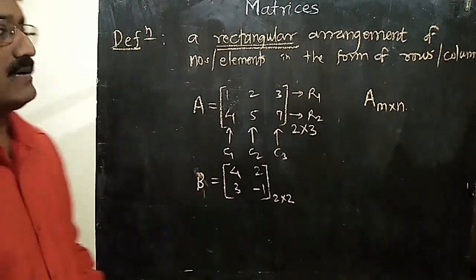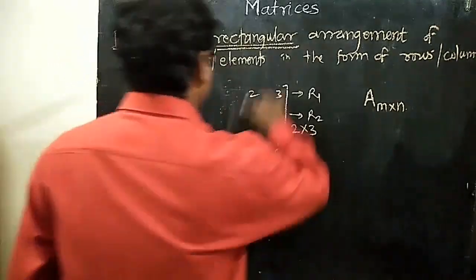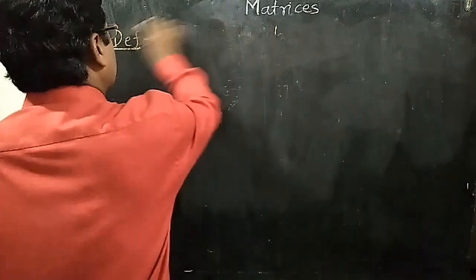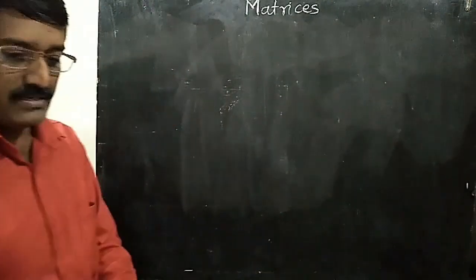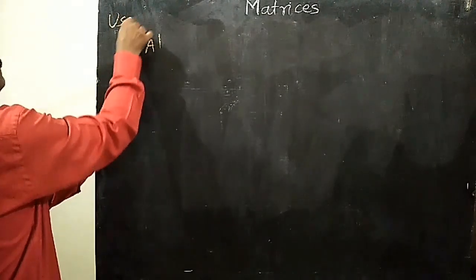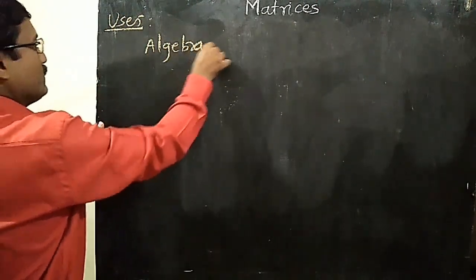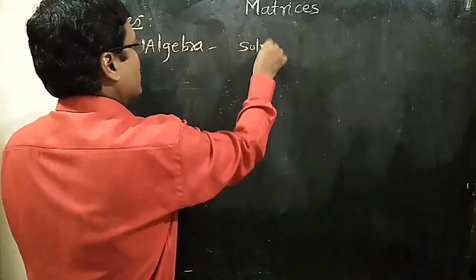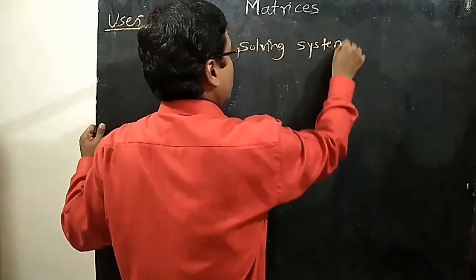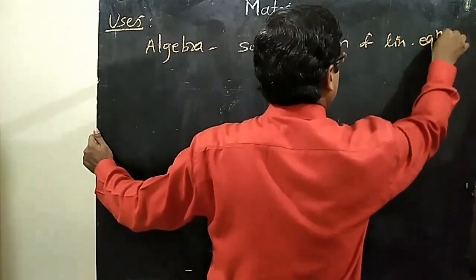Then why are we learning this matrix? Because it is very much useful in so many fields of science and commerce. Uses of matrices: it is used in algebra for solving system of linear equations.